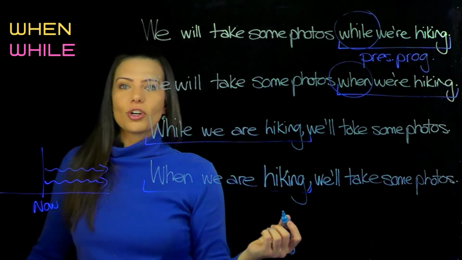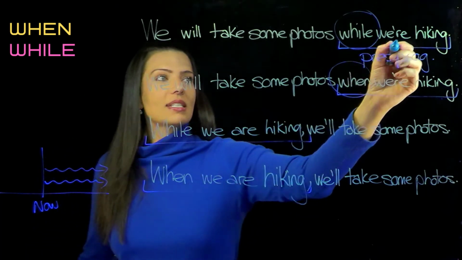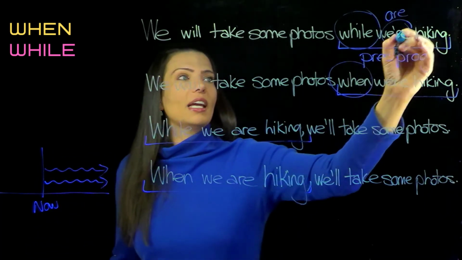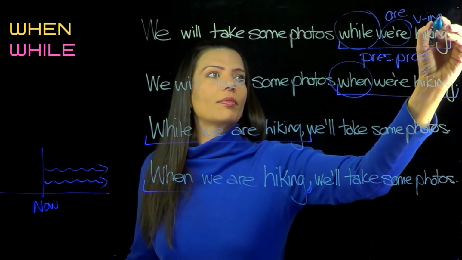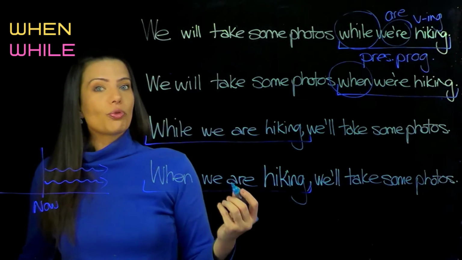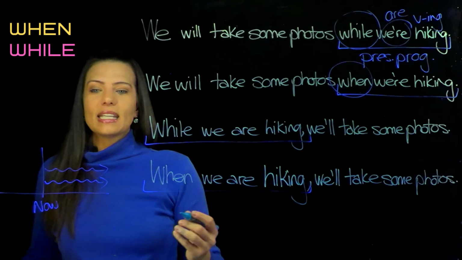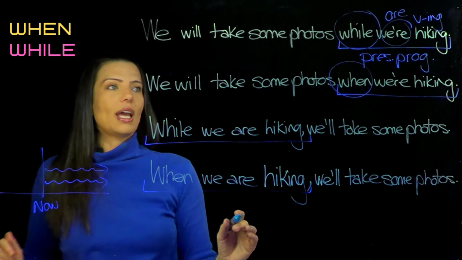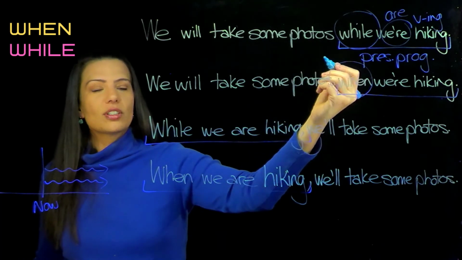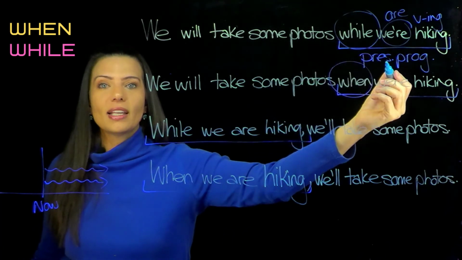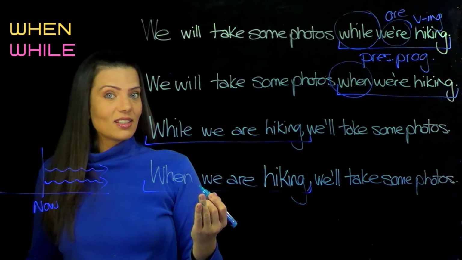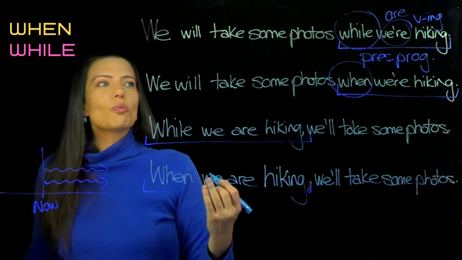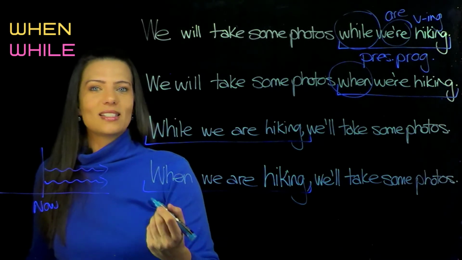That is the verb to be, so in this case, are, plus the verb ing. Now we're using the present progressive to indicate that the action is occurring continuously. Okay, so in the future time clause, while we are hiking, we're using the present, but we're choosing to use the present progressive because it's more appropriate due to its continuous nature.